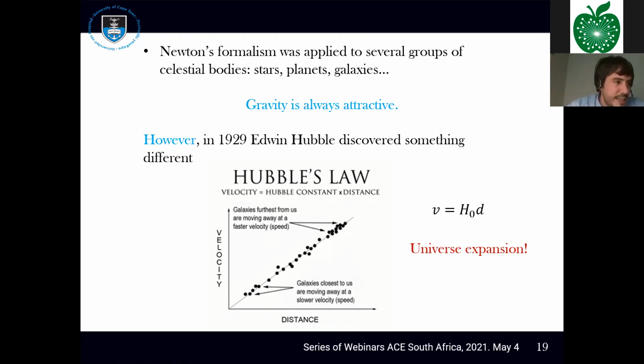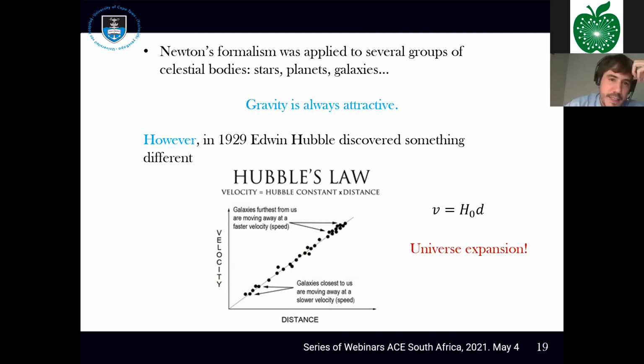All this experience was synthesized in what we call Hubble's law. We have here the formula: the velocity is equal to a constant times the distance of the galaxy from us. And this constant, H naught, the Hubble constant, is the rate of expansion of our universe.